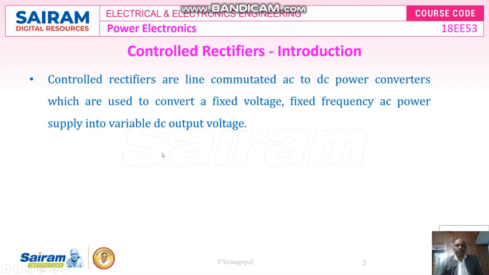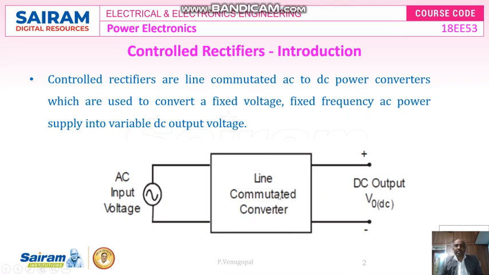I hope you understood that controlled rectifiers are a type of power converter which converts fixed AC into variable DC, and it is controllable. Here you are observing the diagram which shows that the input to this converter is AC and the output is variable DC.